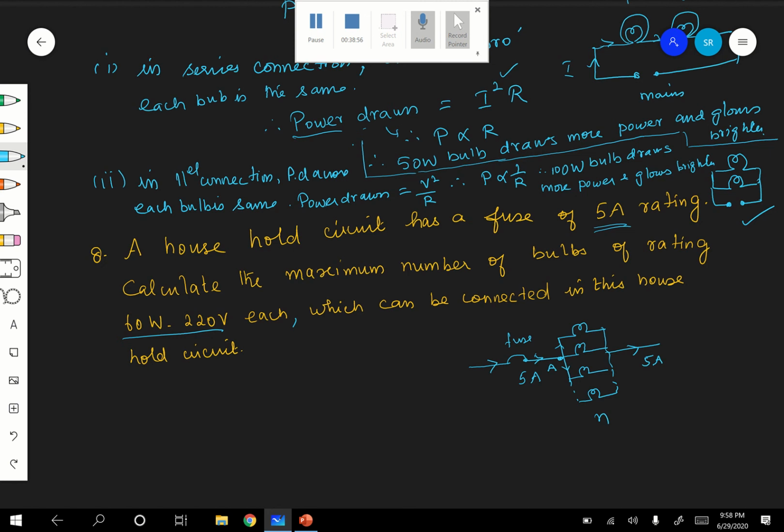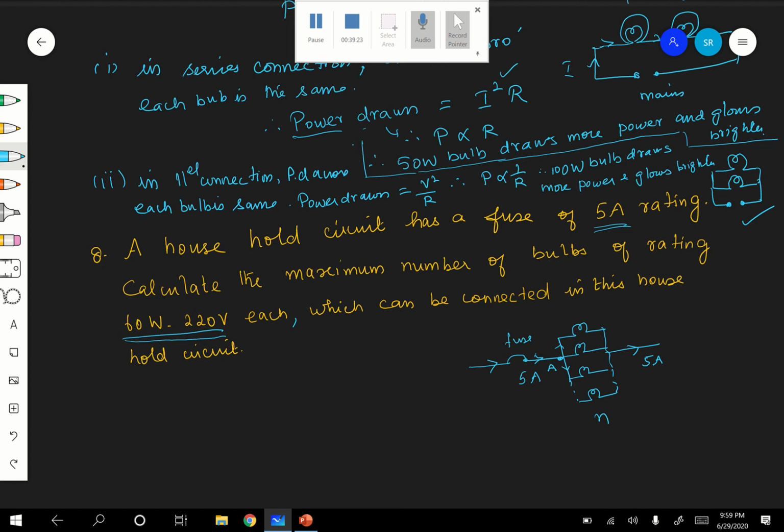The rating is given, no? So first you have to see how much current every bulb can withstand. From the 60 watt 220 volt rating, from the data you can find out the resistance of the bulb, and another thing, the maximum current that it can withstand, the current rating. That is what is called current rating.